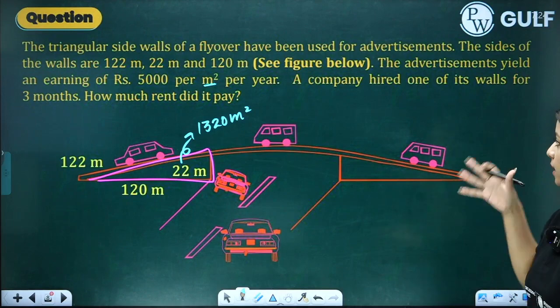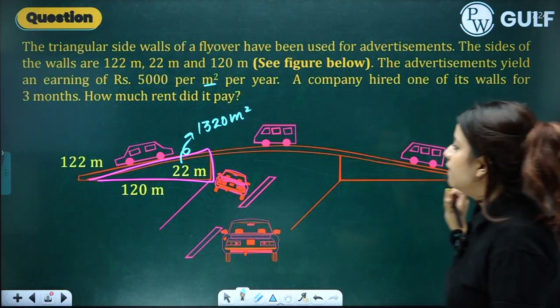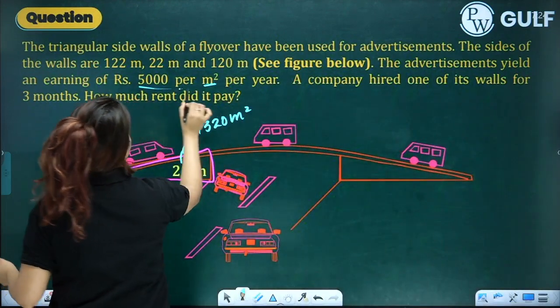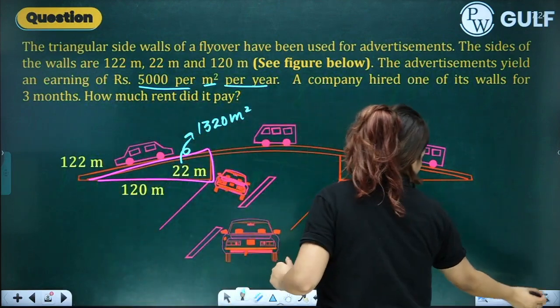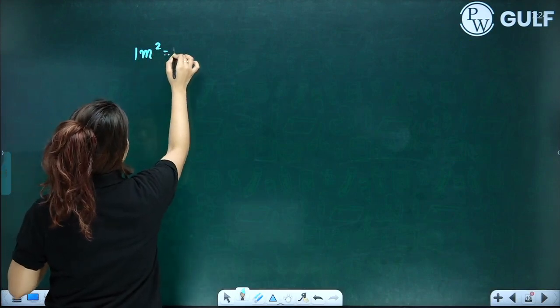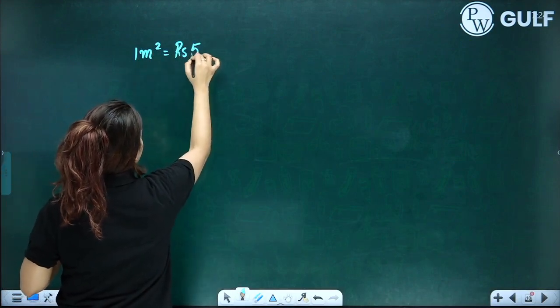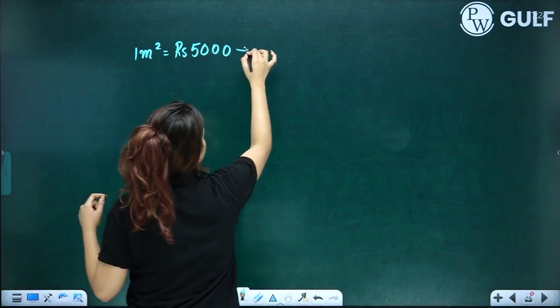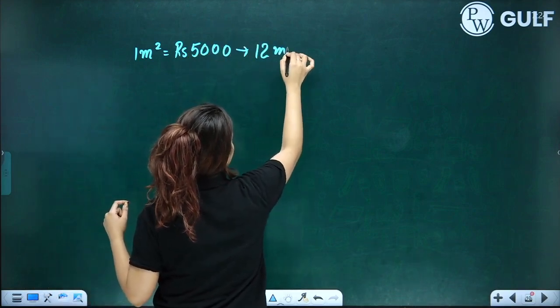How much is the rent? The very first thing is 5,000 per meter square per year, right? What we know is that for this advertisement, the cost for 1 meter square is rupees 5,000, and this is for 12 months.